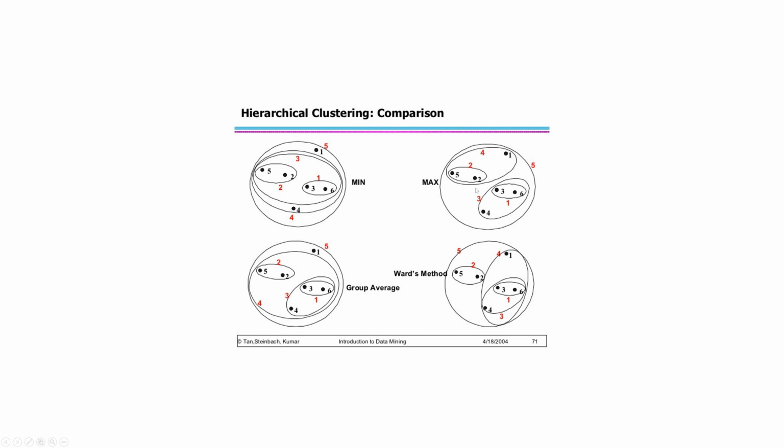Minimum of this maximum is smaller than any other pair you can combine with this one or with this one. These 2 pair, 3 and 6 with respect to 4, that distance.